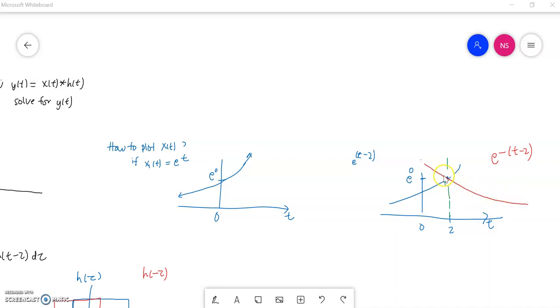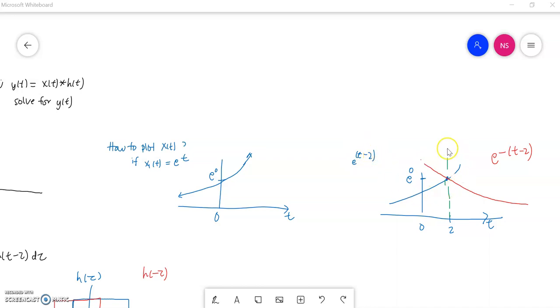Similarly, anything that is less than 2 will give you a negative number here, and negative times negative will give you a positive number. So this is equal to what is positive for this side.